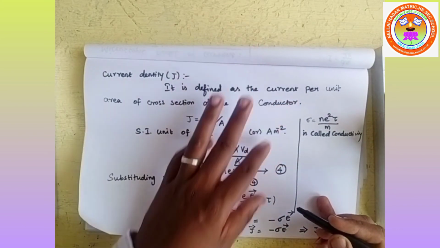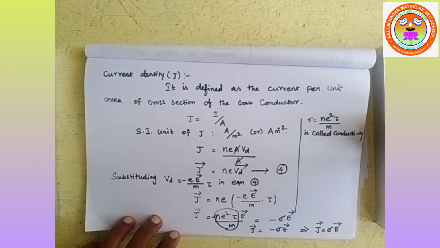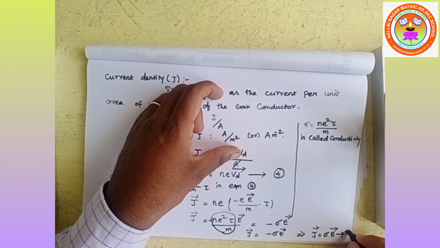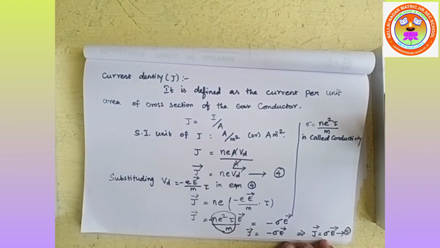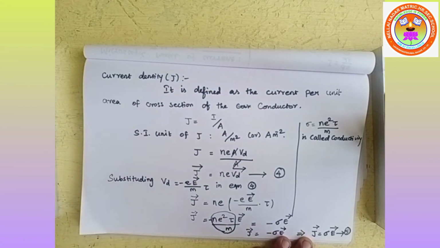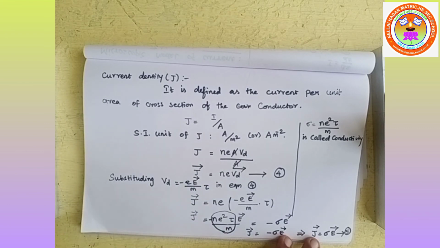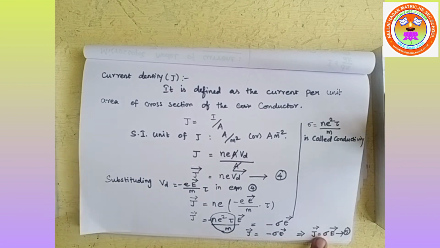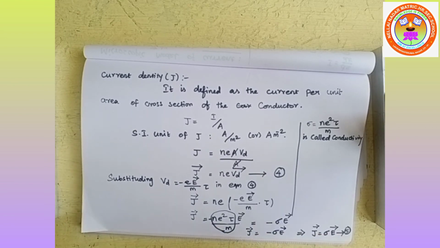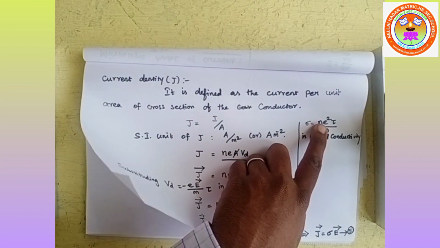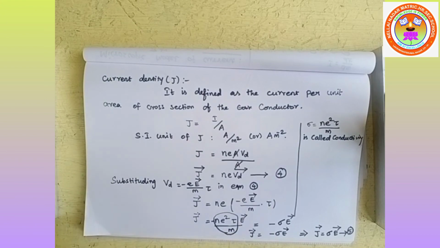Here this is equation number 5. Equation 5 is called the microscopic form of Ohm's law. Students, listen to me, this is the microscopic form of Ohm's law: J vector is equal to sigma E vector. Here sigma is equal to n E square tau divided by m, called the conductivity.